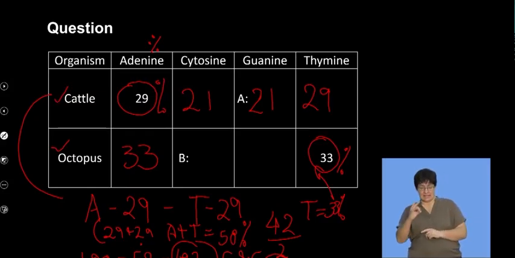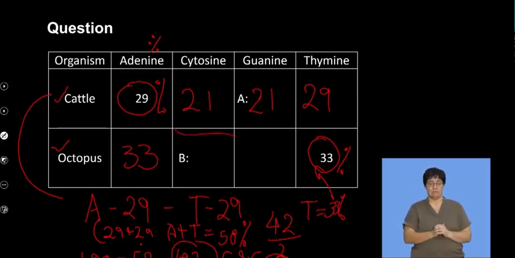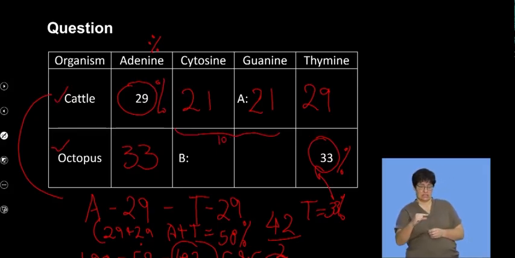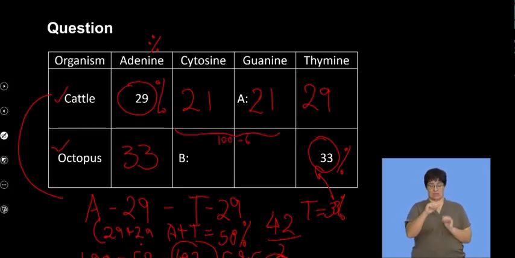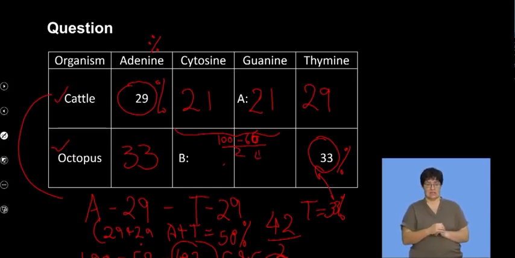So collectively, guanine and cytosine have 100 subtract 66, which is 34, my bad. And if we divide that by 2, it gives us a percentage of 17% in each one of these.